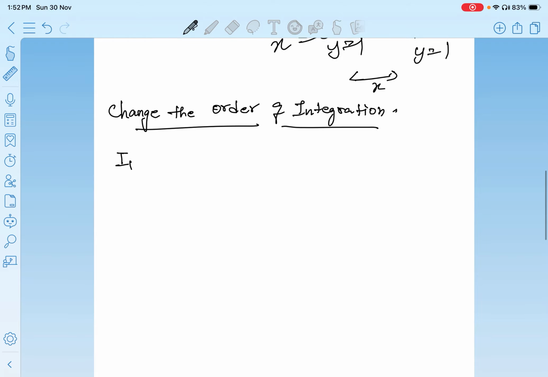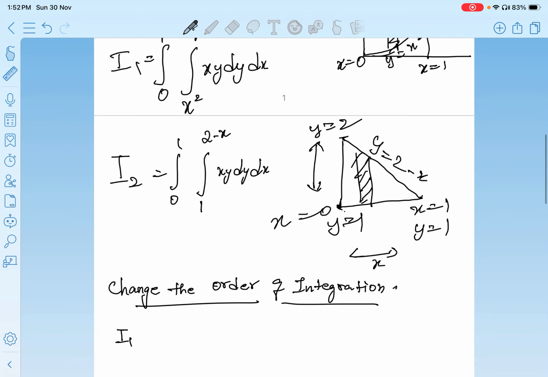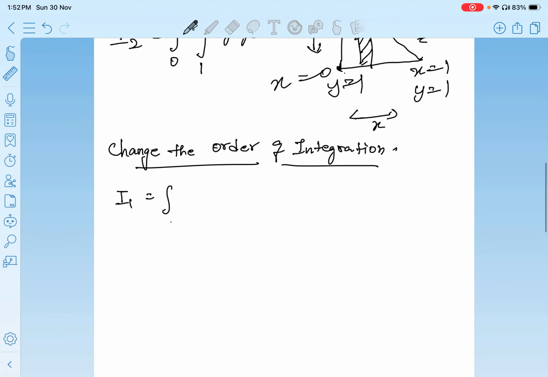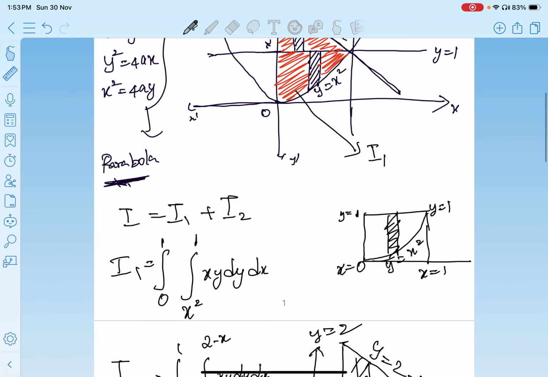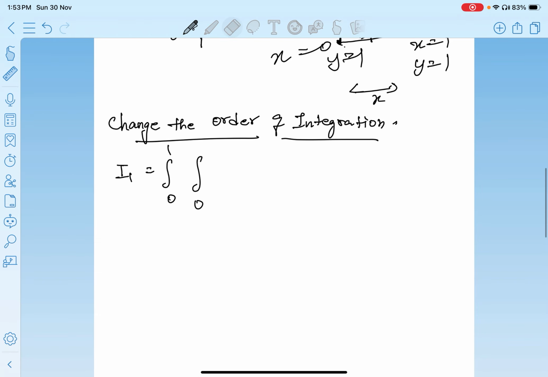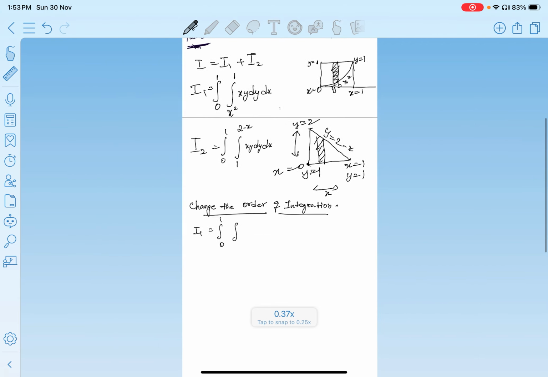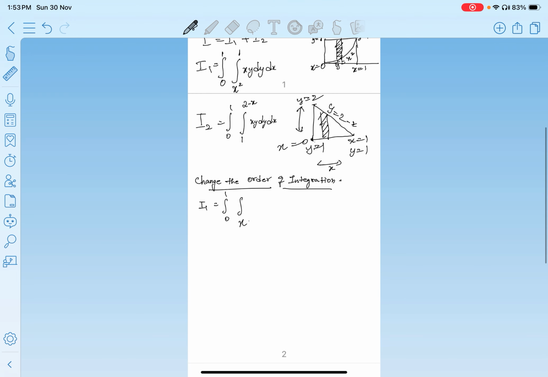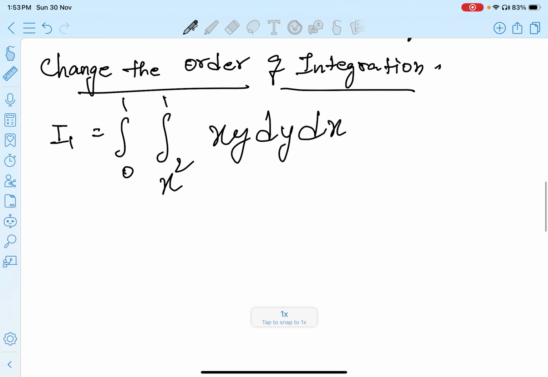Let us write I1 first: integral 0 to 1, integral x square to 1, xy dy dx. So this is the first integration we have.